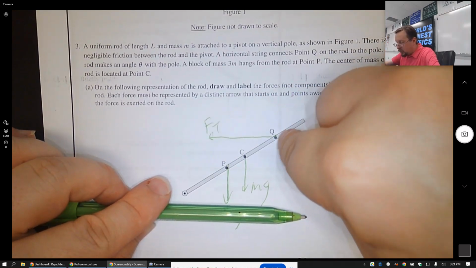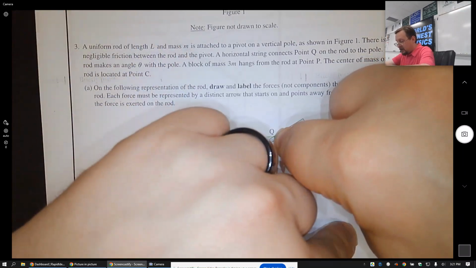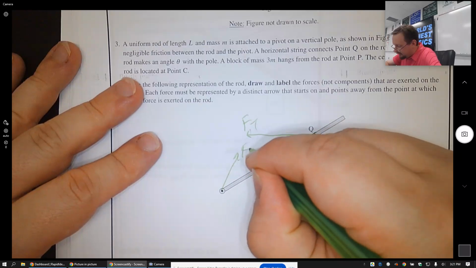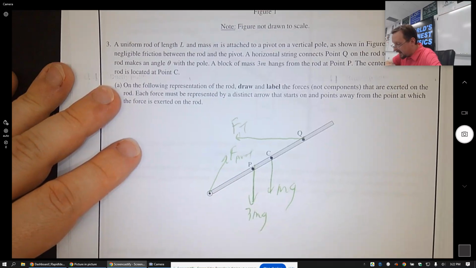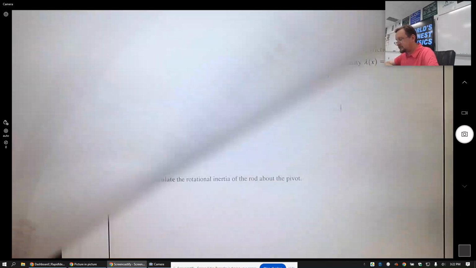And if I look at the torques acting around Q, which I'm allowed to do, I have two counterclockwise torques, so I need a clockwise torque. So I'm going to say that the F pivot is both up to balance the torques, and to the right to balance the leftward force.